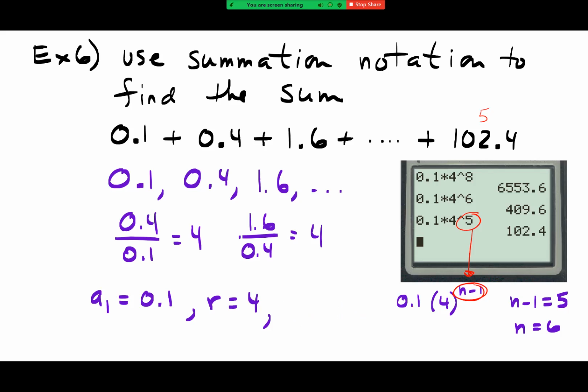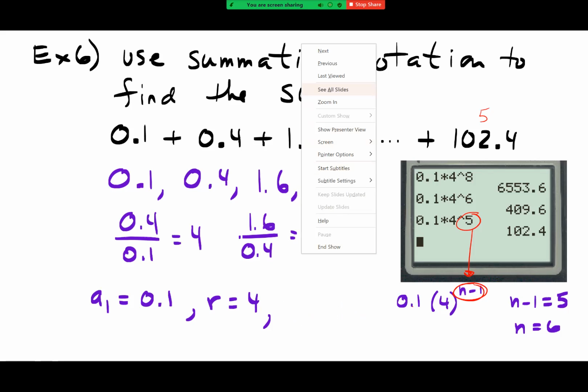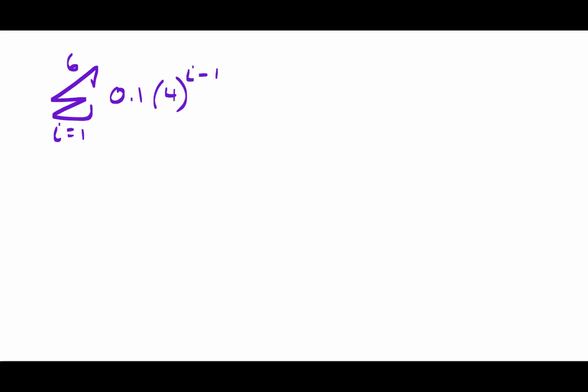How about this? So I got the sum, I equal to 1, going up to 6, 0.1 times 4 to the I minus 1. Are we good there? Talk to me. Does that make sense?